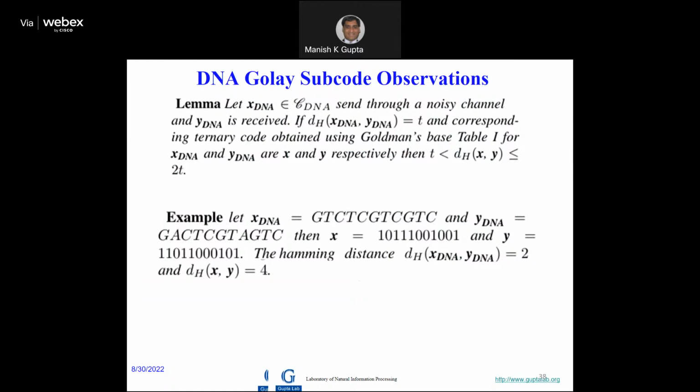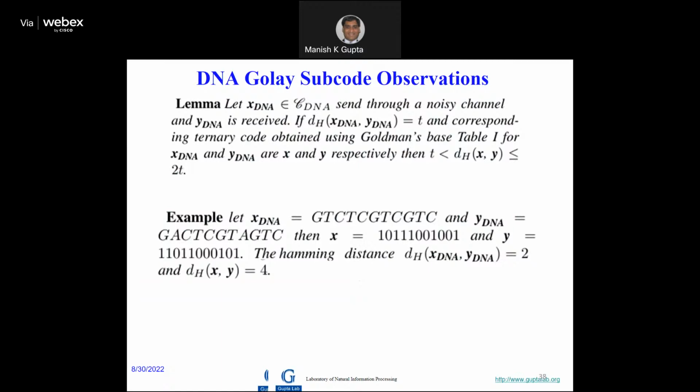And in the ternary subspace, the distance cannot exceed 2T. This is the property of this map. If the distance between two DNA vectors is T, the corresponding ternary vectors have distance at most 2T. So this is the key property.